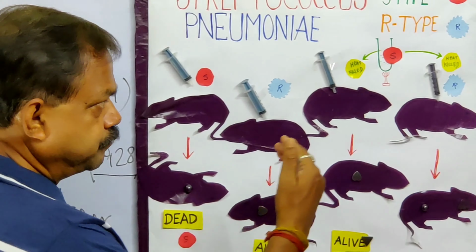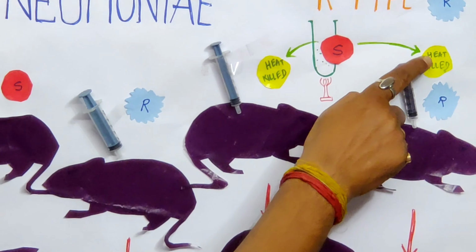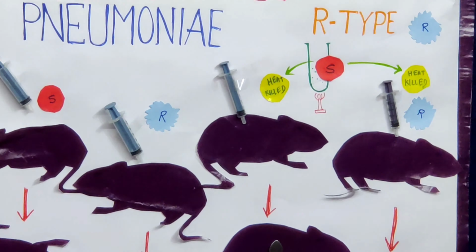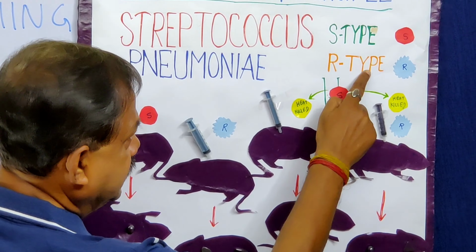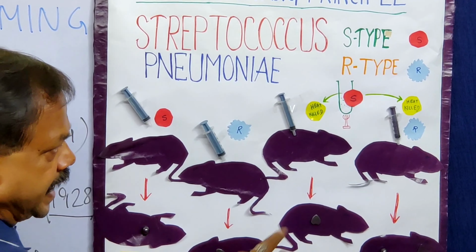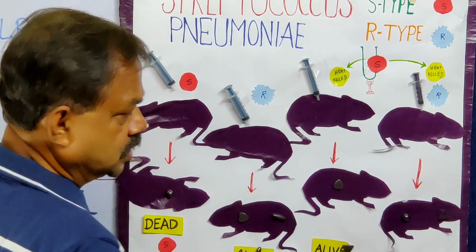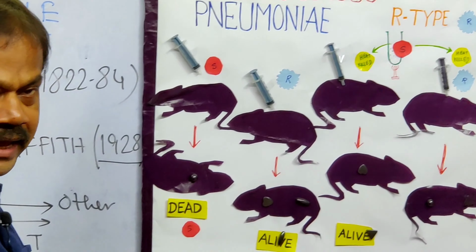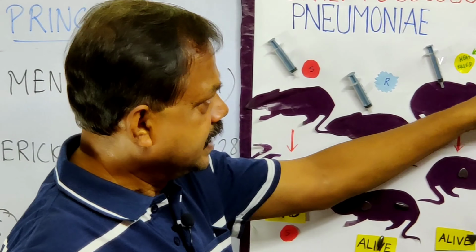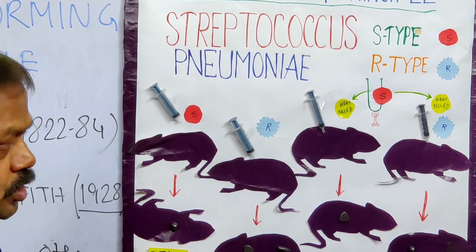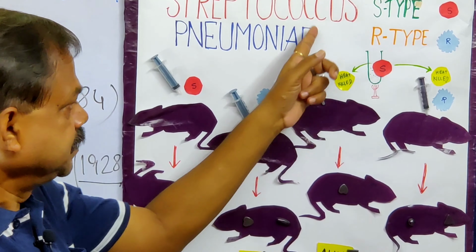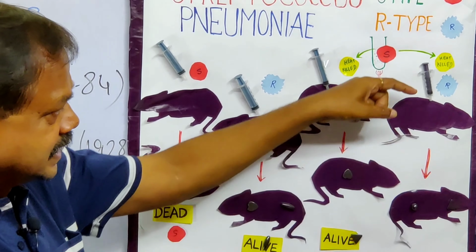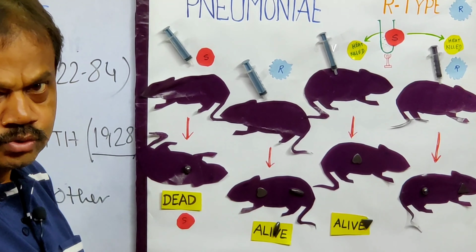Next, in the fourth case, he took heat killed S-type Streptococcus pneumoniae and R-type Streptococcus pneumoniae, and both together were injected into the mouse.